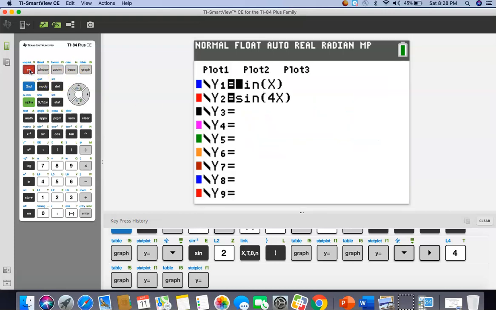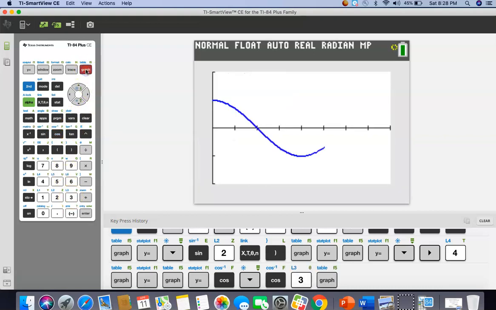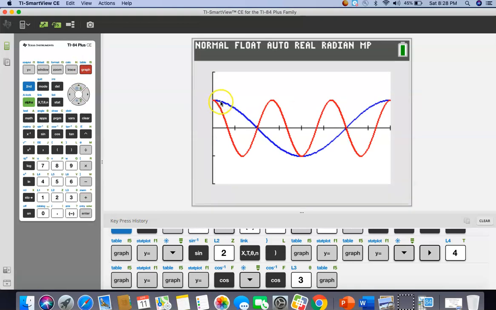Okay? Does that work the same way with cosine? Let's find out. I'm going to graph cosine, and let's do a 3x. Okay, here's my cosine. In the blue, the regular parent function starts at 1, then 0, then -1, then 0, and then back to 1.